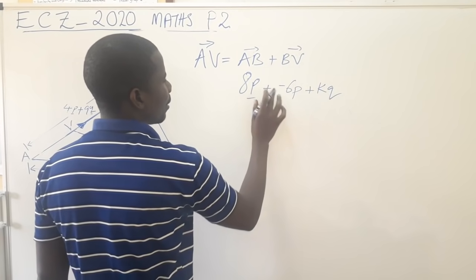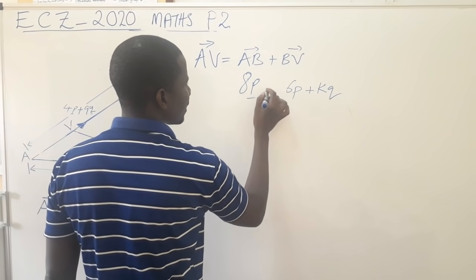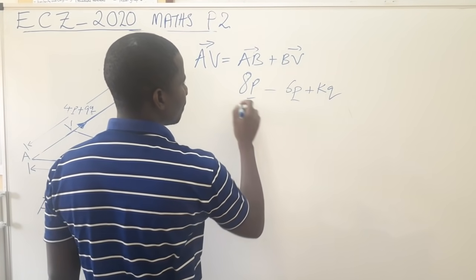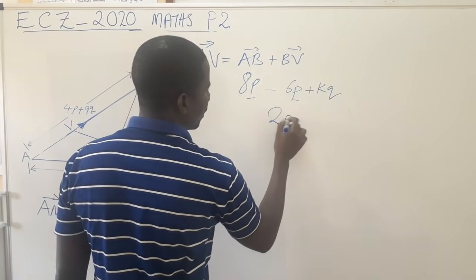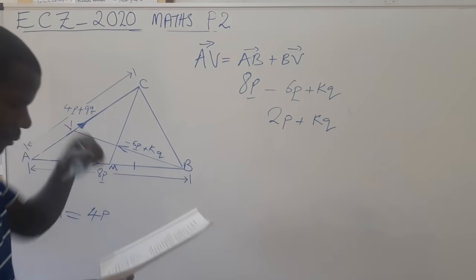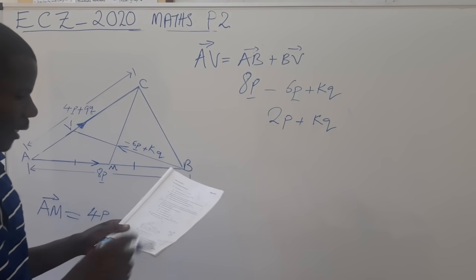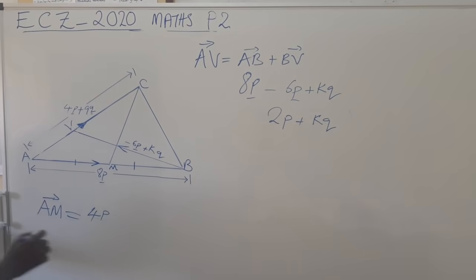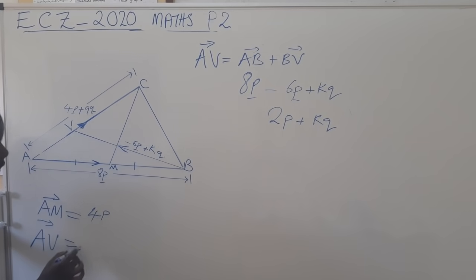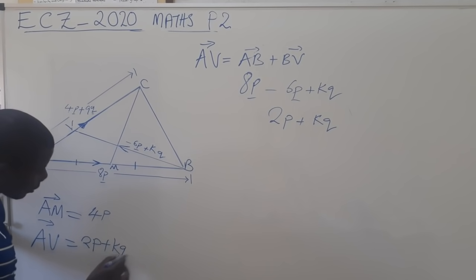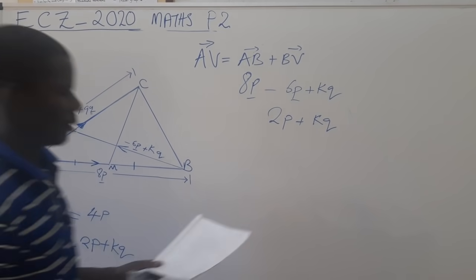When you simplify this, we get 2P plus KQ. So we can bring this down here also and say AV is equal to 2P plus KQ. Then we move on.